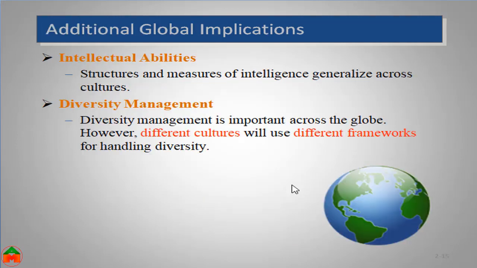The study found that structures and measures of intellectual abilities work in many different cultures, and diversity management is important in all cultures. However, each culture does approach diversity differently. For example, the type of demographic variables used to identify diversity varies in each culture.